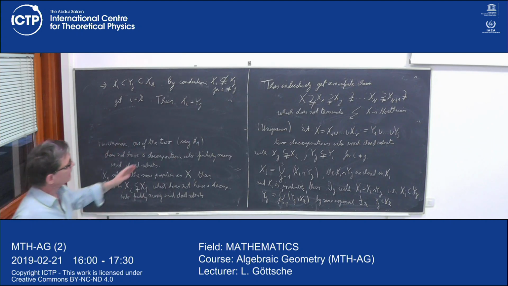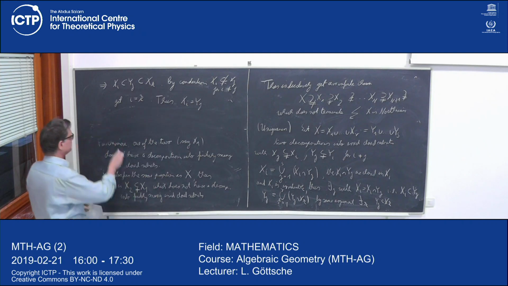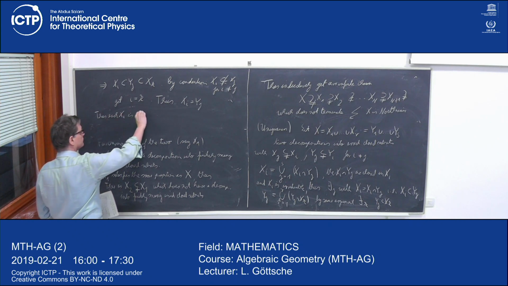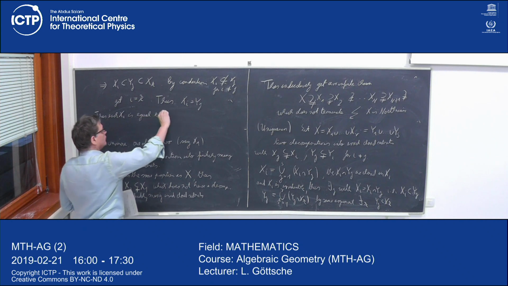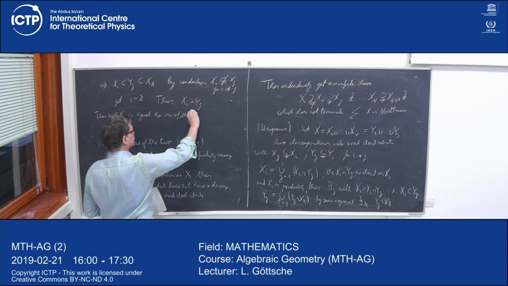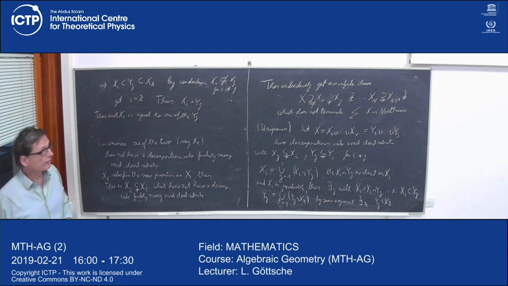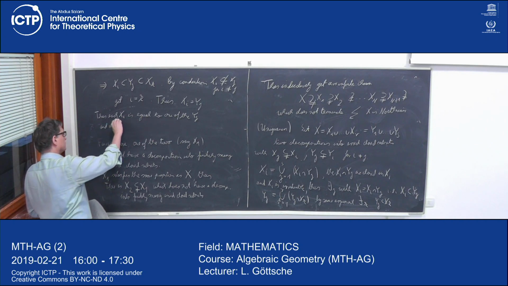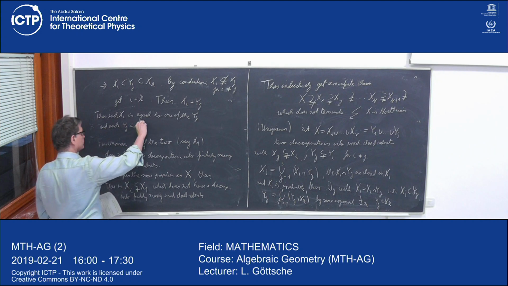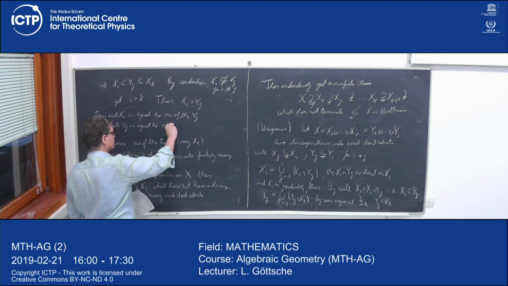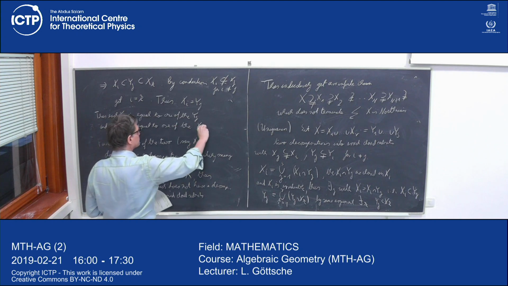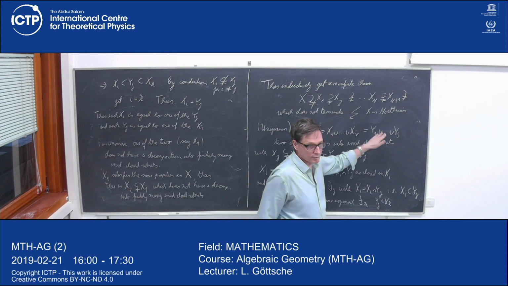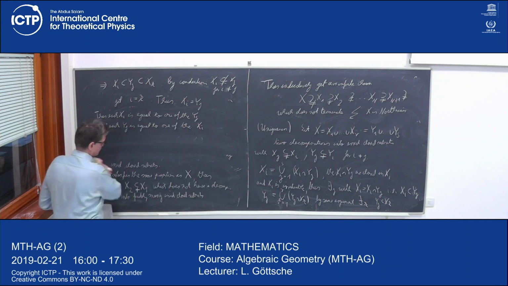So each Xi is equal to one of the Yj's, and in the same way, each Yj is equal to one of the Xi's. So it follows that the number of things is the same, and they are just permutations of each other.